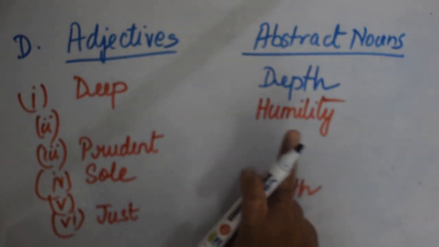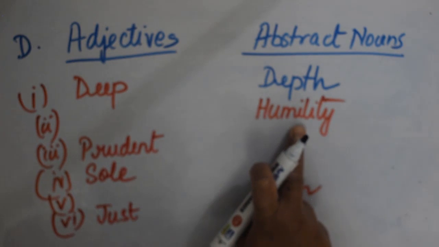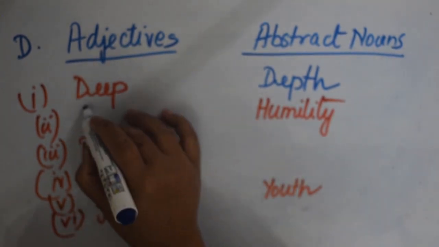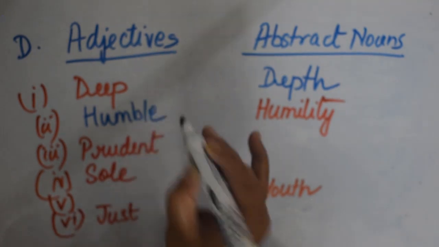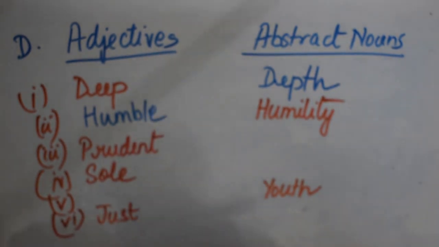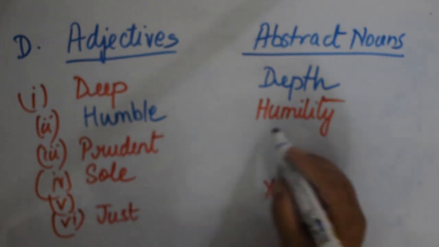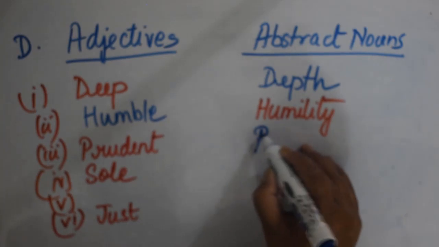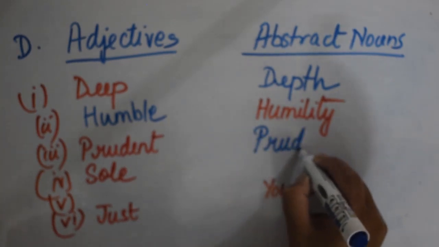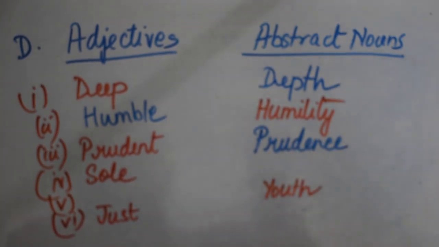The abstract noun humility is formed from the word humble. The word prudent becomes prudence to form an abstract noun.